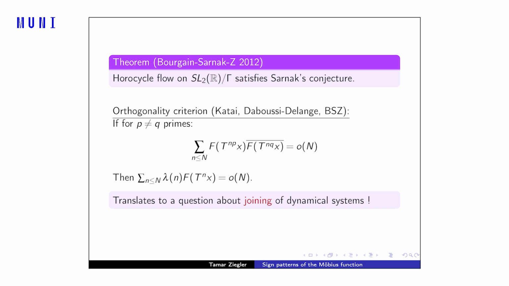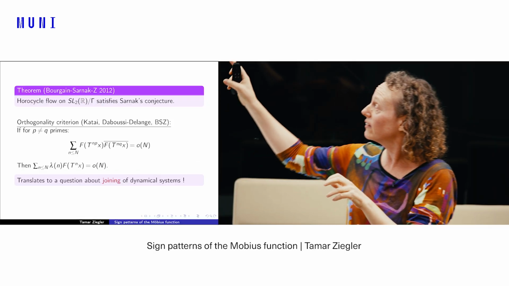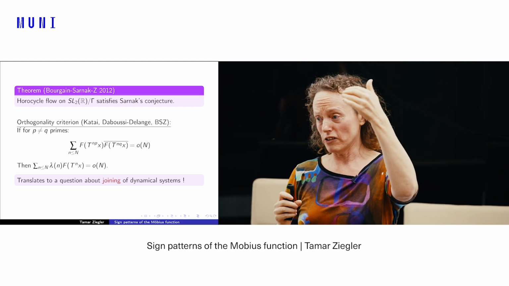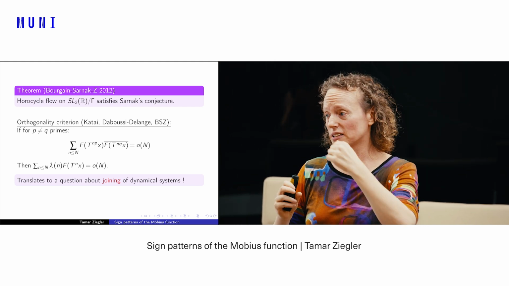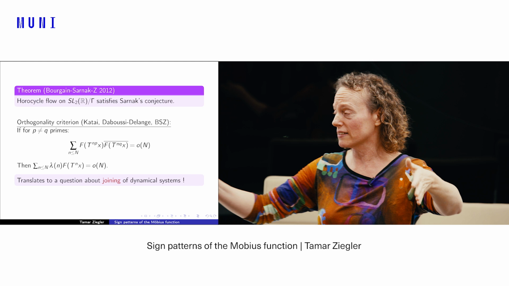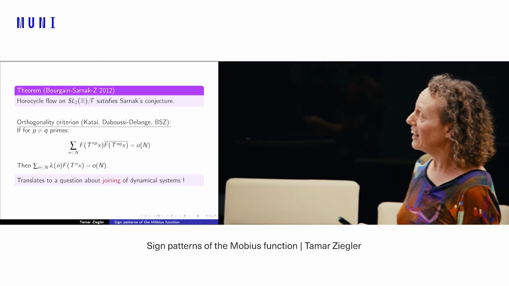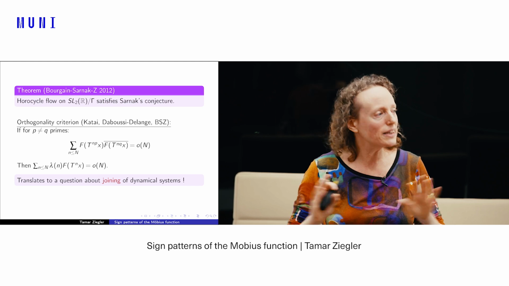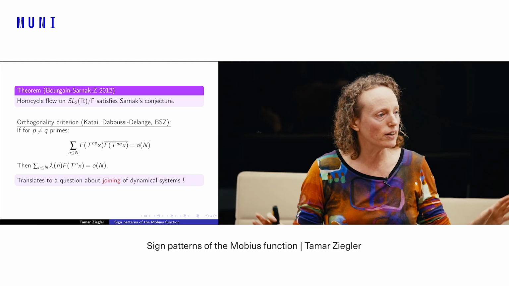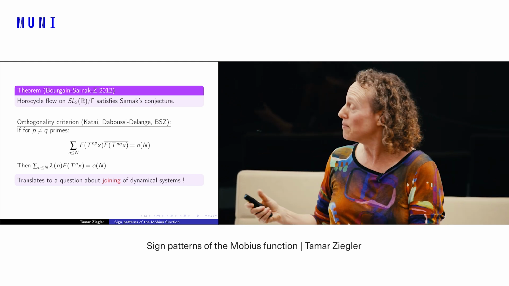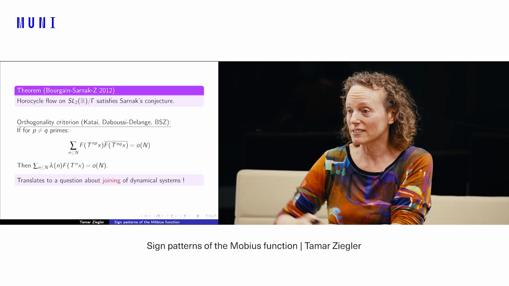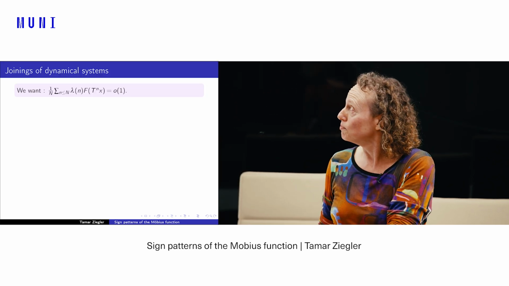So I look along the P orbit, the multiples of P, and the multiples of Q. I need to understand the sum of f of the system T to the P and the system T to the Q, and I look at them together. This translates the arithmetic question into a completely dynamical question. It's just a question in dynamics. Let me formulate a completely dynamical statement that this tells you.